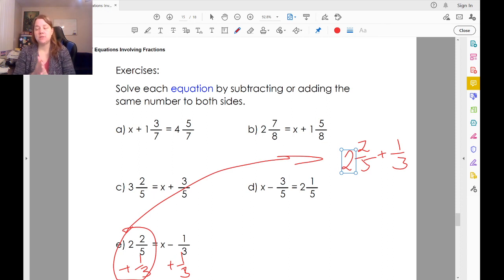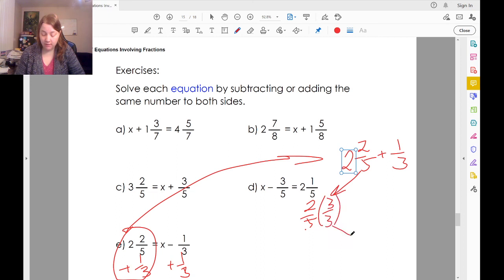So I'm going to use the octagon for this. I'm going to take 2/5 and multiply it by the other denominator, by 3/3. 2 times 3 is 6, 5 times 3 is 15. I'm going to take 1/3, and I'm going to multiply it by the other denominator, 5/5. 1 times 5 is 5, 3 times 5 is 15.